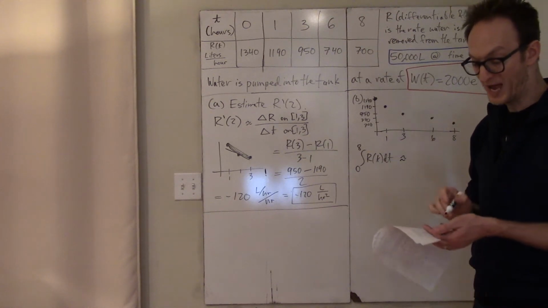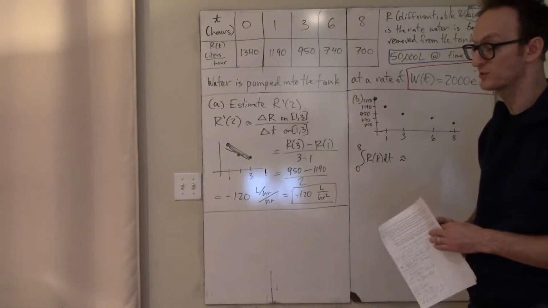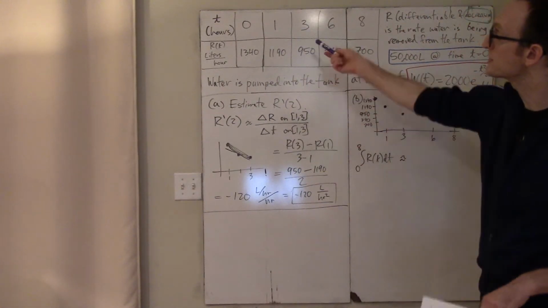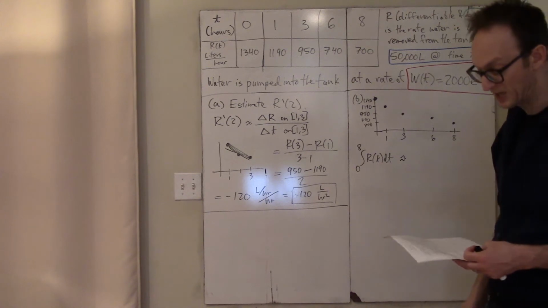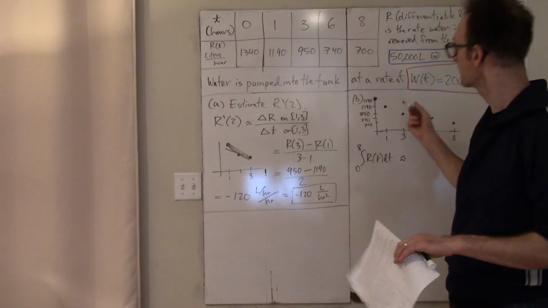So I have to estimate what this integral is. And so here we are sort of testing if you understand that an integral is really just a sum. And if we have only discrete values, then we have to just find the area under these discrete values, so to speak. And specifically, they just tell you, use a left Riemann sum.